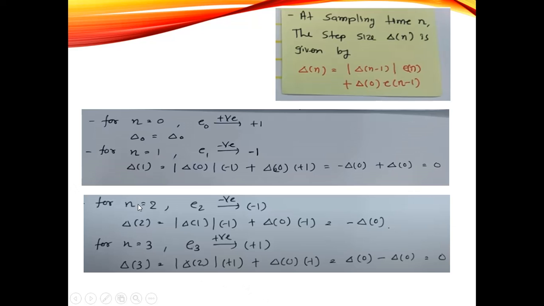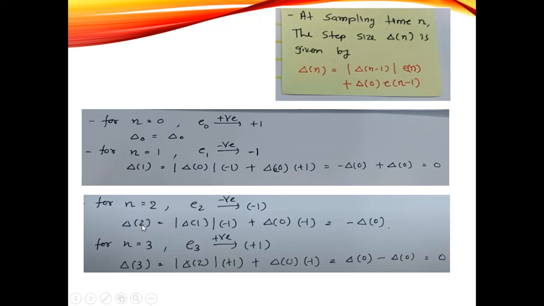Continuing from this, if n is 2, again the input signal is less than the sample. Therefore, the step size is negative. If the step size is negative, the output should be minus 1.